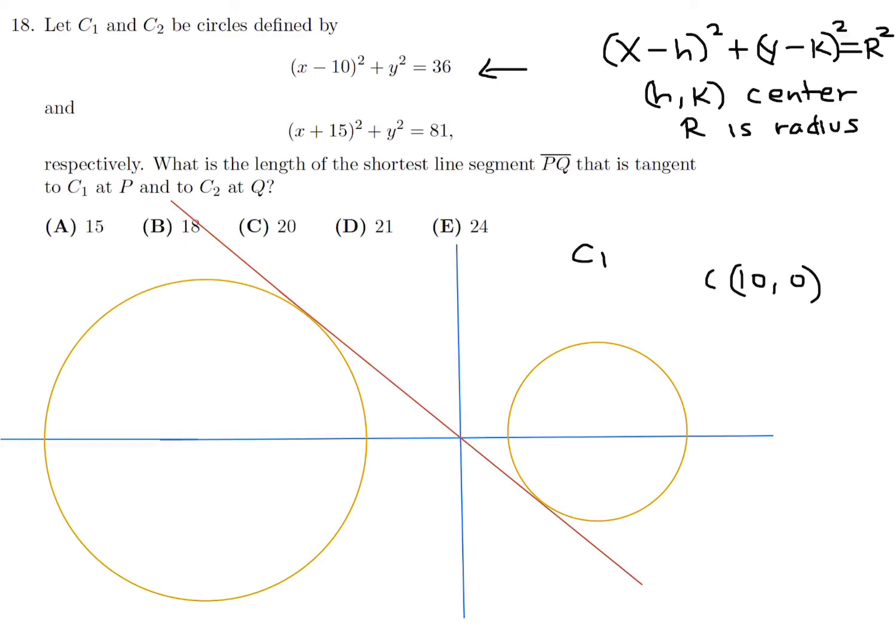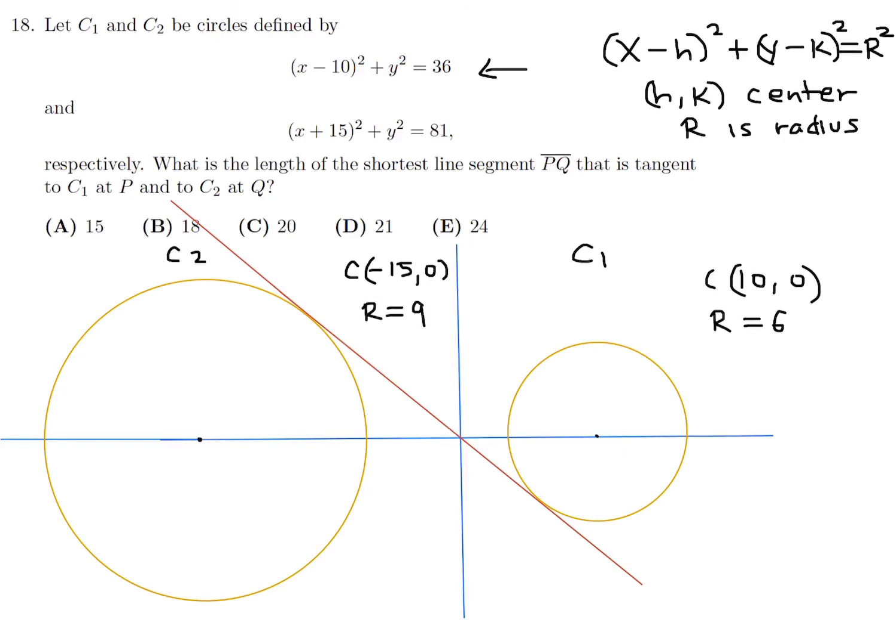And if this is the center, the radius is equal to 6, right? Because this is r squared. And then C2 is over here, and this is a circle with center (minus 15, 0), approximately there. And this radius is 9.